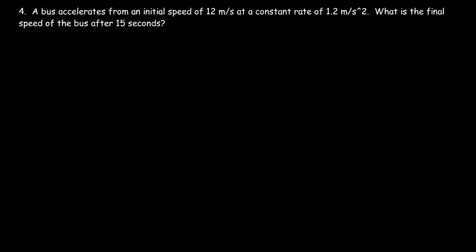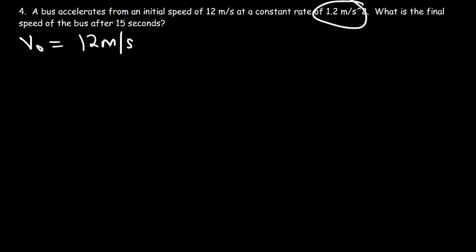Number 4. A bus accelerates from an initial speed of 12 meters per second at a constant rate of 1.2 meters per second squared. What is the final speed of the bus after 15 seconds? So just like before, let's make a list of the variables that we have and the variable that we need to find. So we're given the initial speed, which is 12 meters per second.